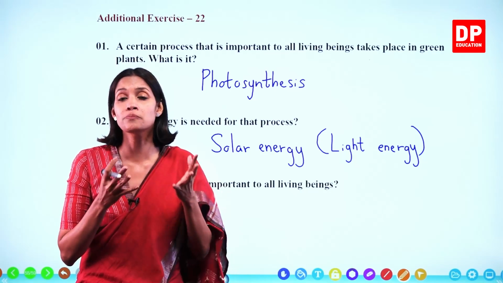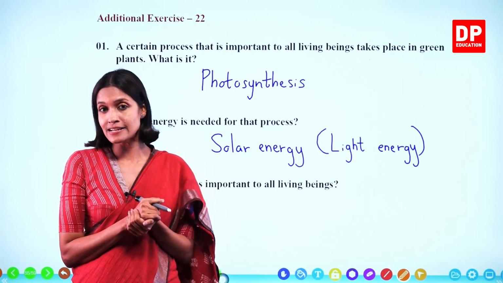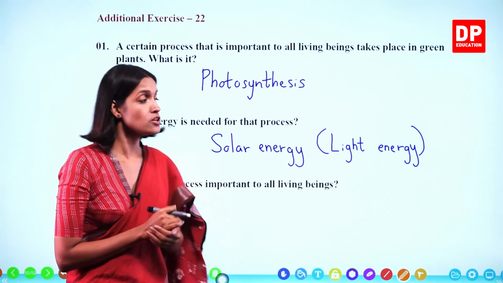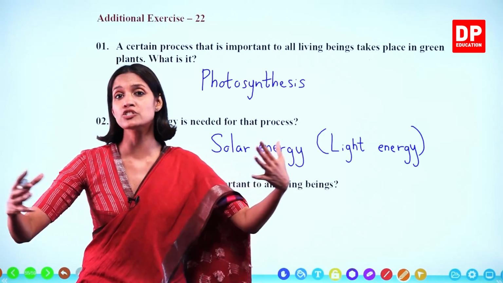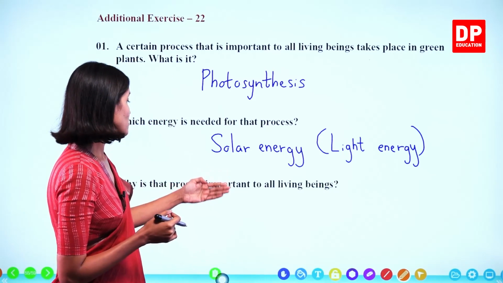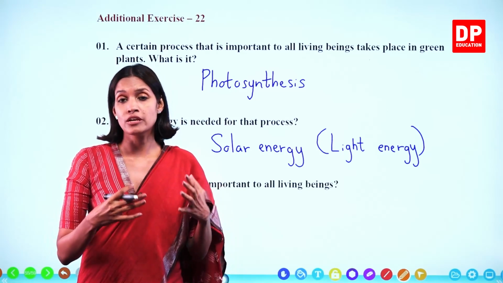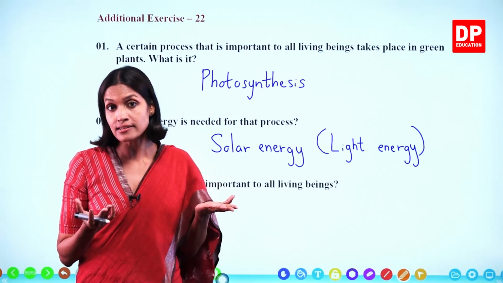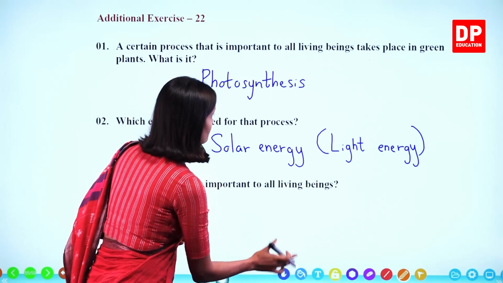Therefore, it's very important to have enough oxygen gas in the atmosphere. So by photosynthesis, oxygen is released to the environment. This process provides oxygen for the living beings for respiration. That is the other important factor. Let's write this.